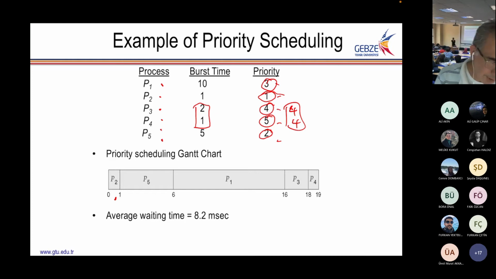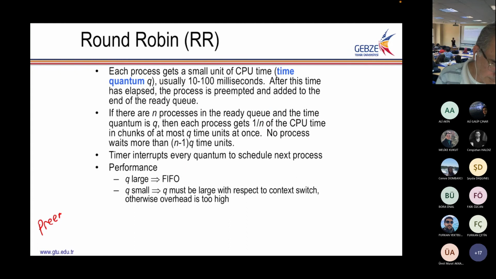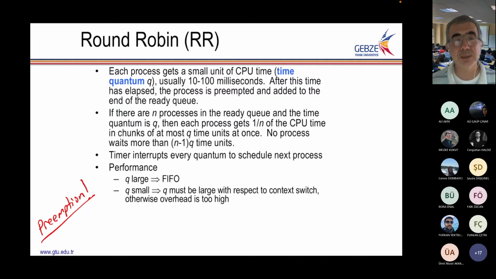When you have preemption, it is good. So the idea is, let me not order tasks until they finish. Let me do a certain amount from each of them continuously.